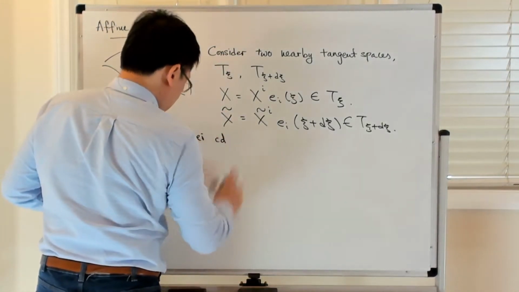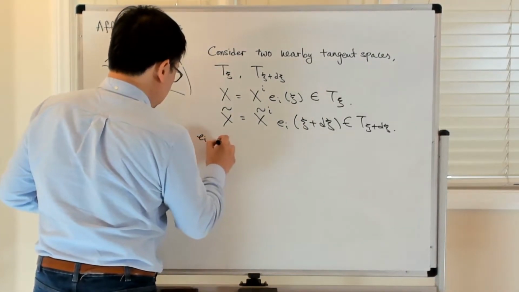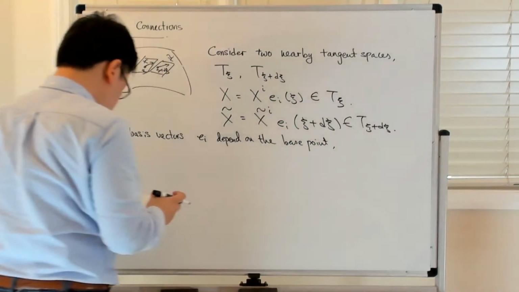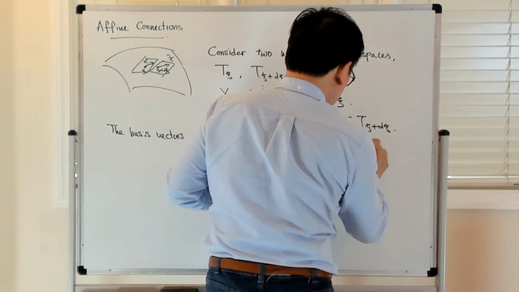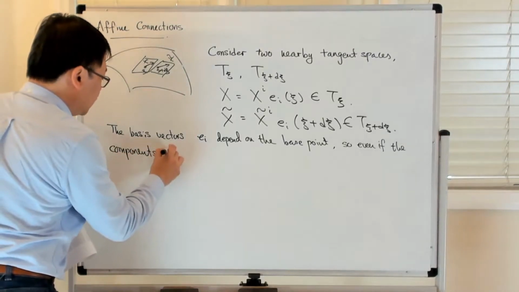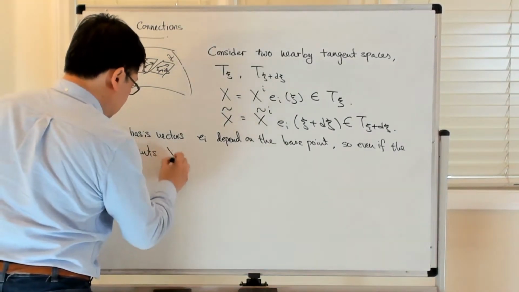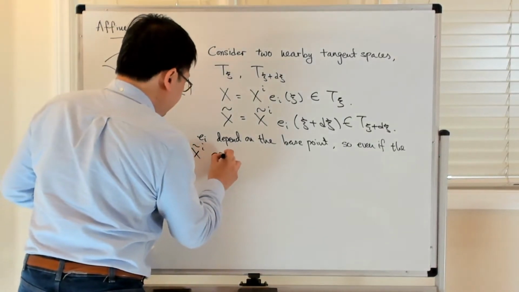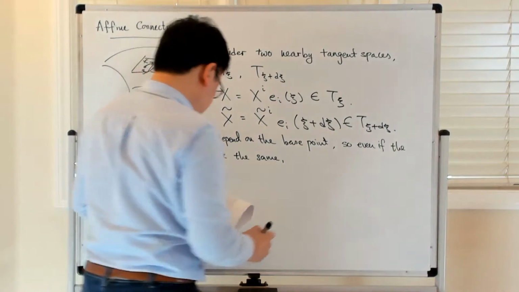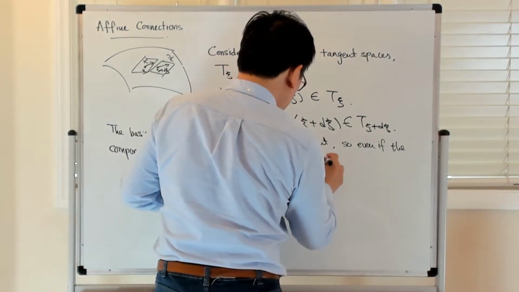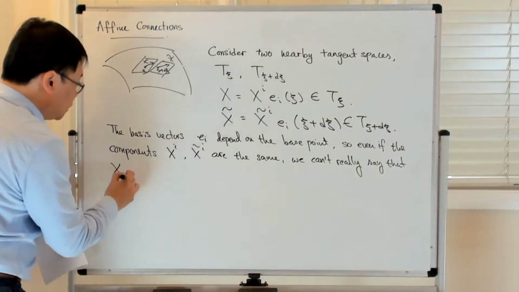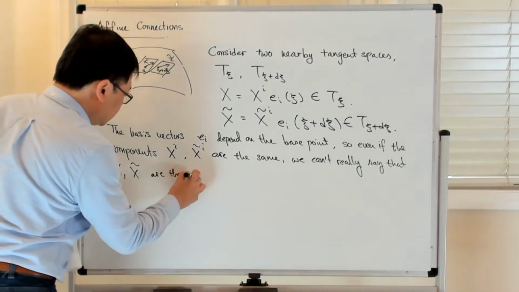So even if the components are the same, we can't really say that the vectors x and x tilde are the same.